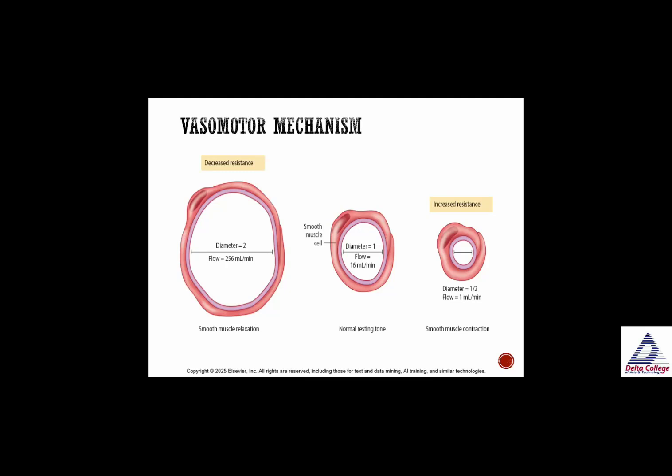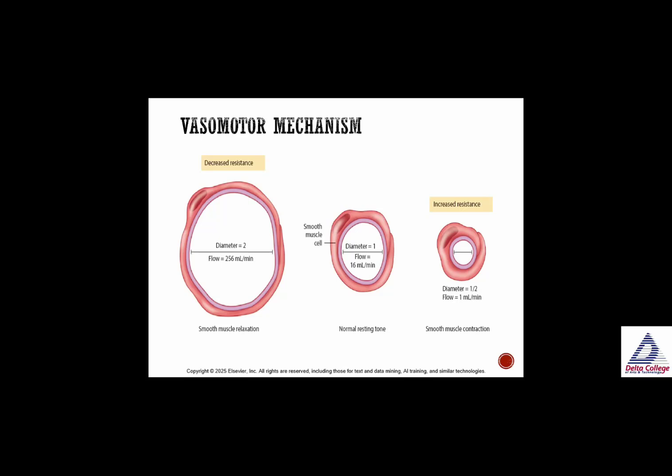So here you can kind of get an image of the vasomotor mechanism. Here you see the smooth muscle relaxation. There, it's big and open. There's decreased resistance. It's nice and relaxed, so it's dilated, right? Then we have the normal resting tone, which is in the middle.